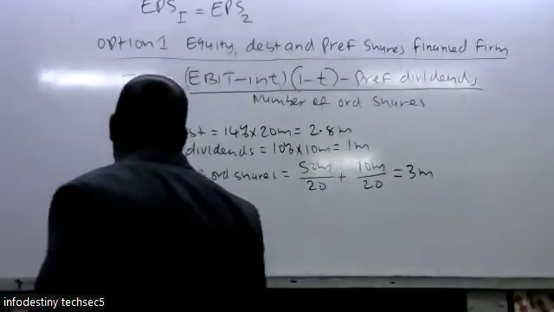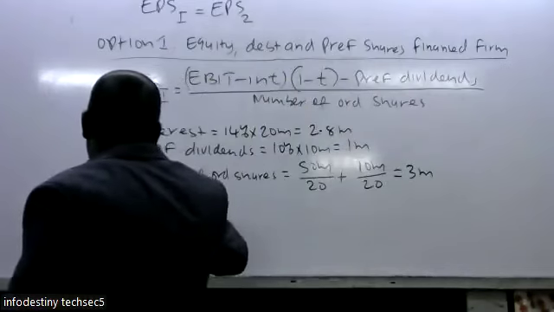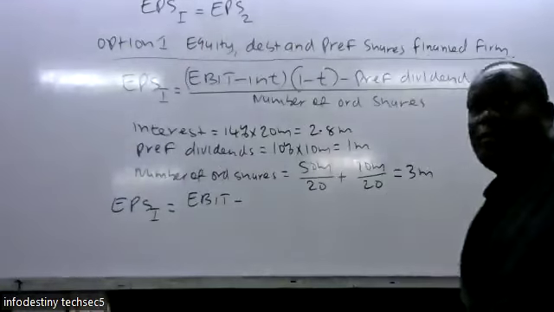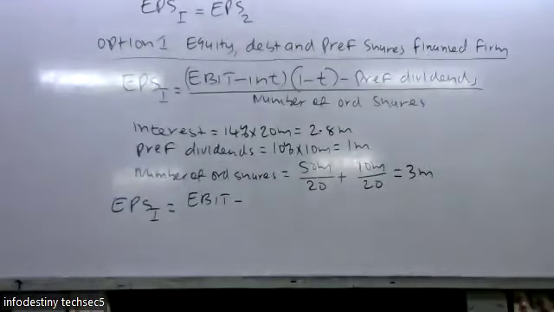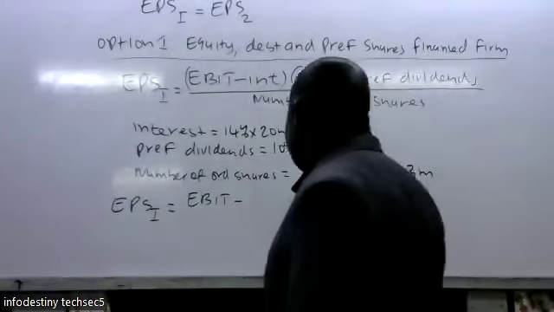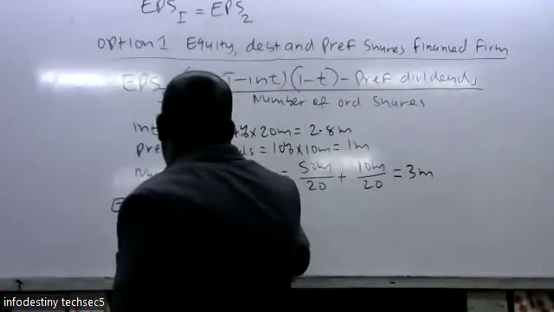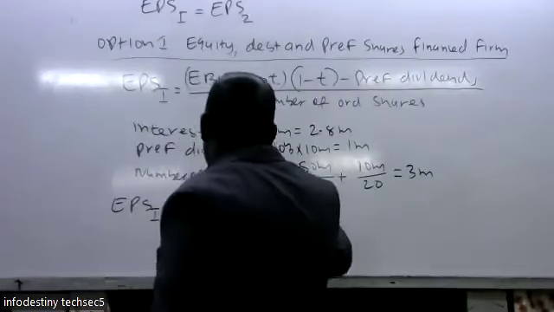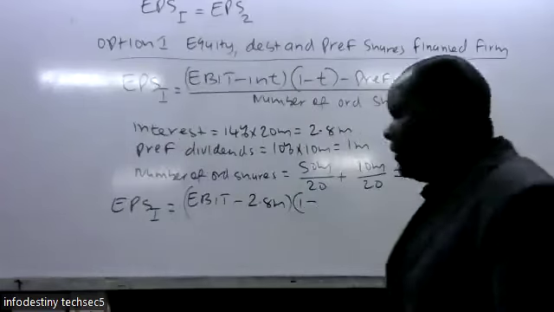So now we come down here, analyze the question. Earnings before interest and tax, that figure we don't know it. Then we subtract interest, which is 2.8. Then 1 minus the corporate tax.